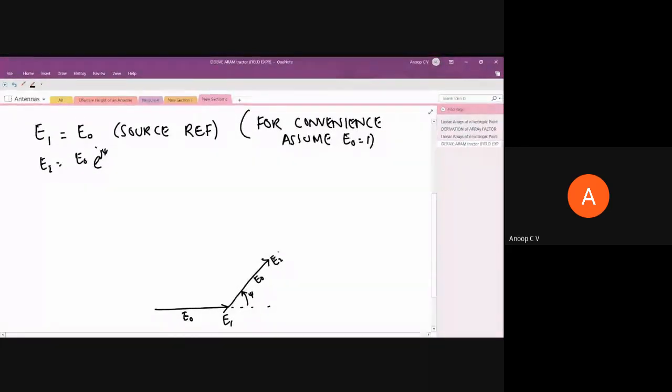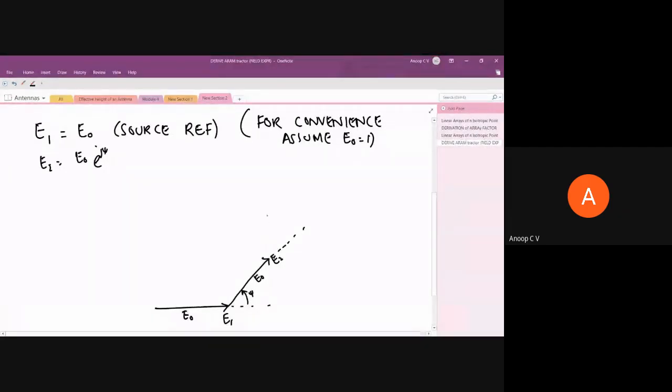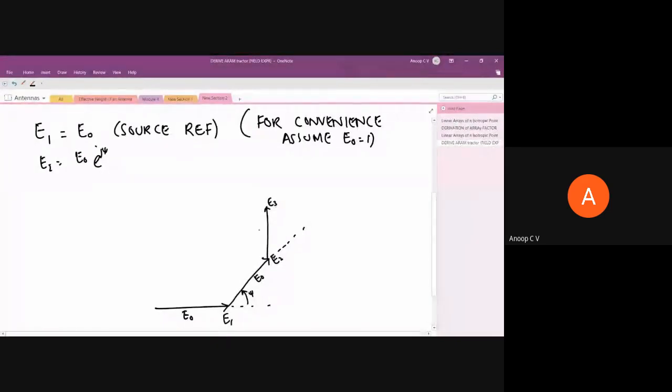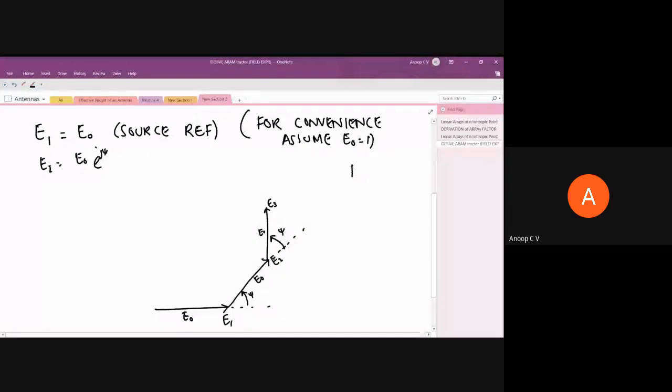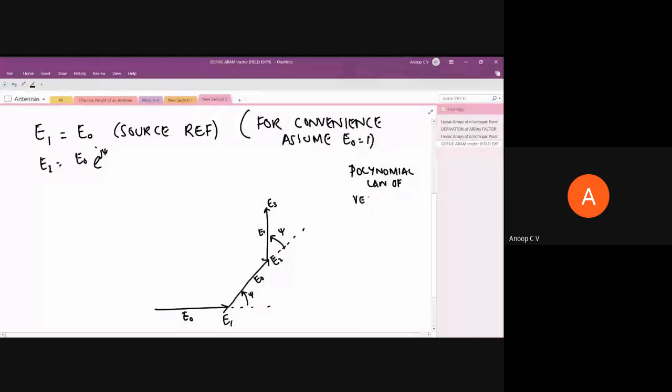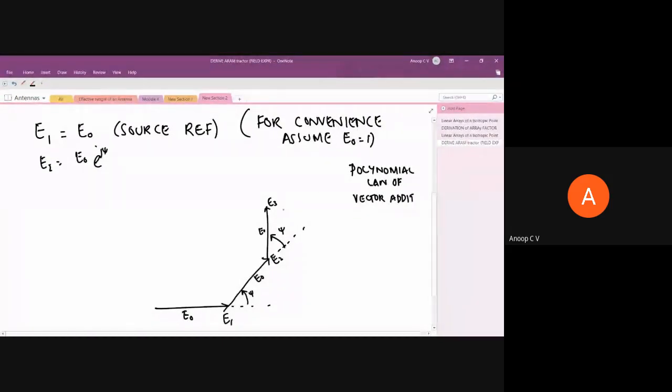And similarly, E3 will be advanced. This is E3, its magnitude is E naught, but it is advanced with respect to E2 by an amount psi. So if I use the polygon law of vector addition or phasor addition, and similarly, E4 will be advanced.